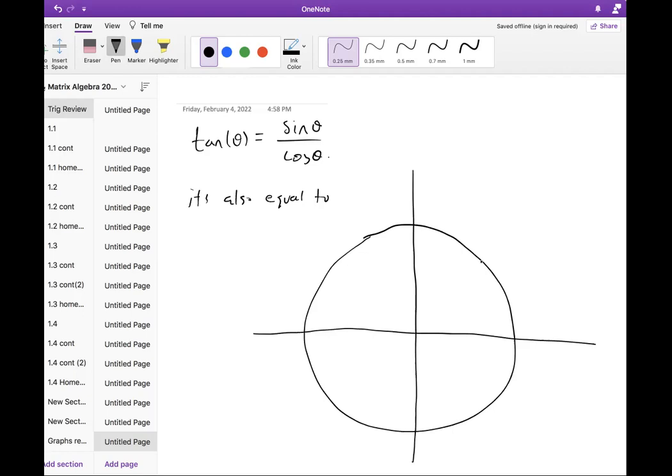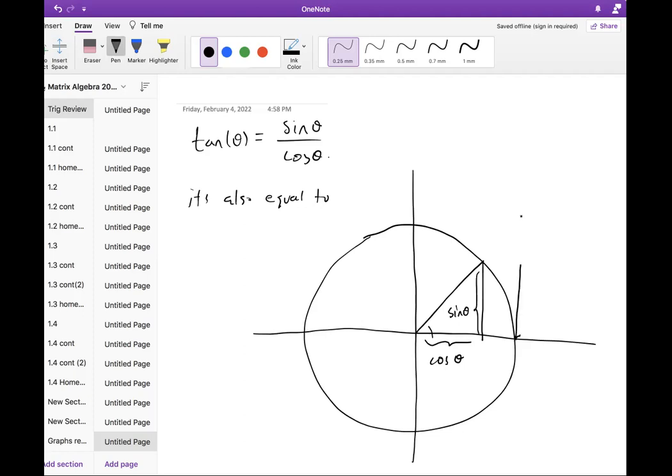The value of cosine is this side, and the value of this side is sine. And actually I don't know the proof.